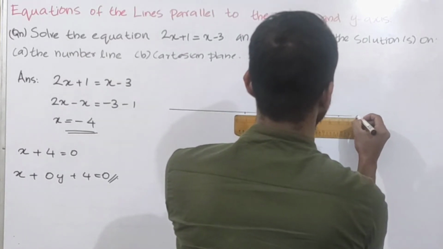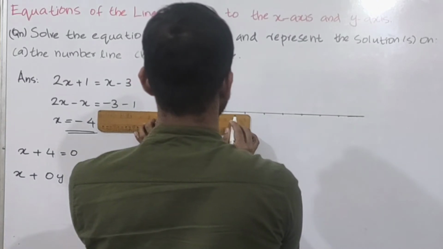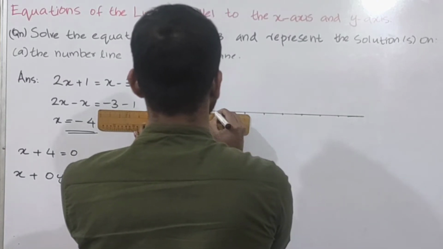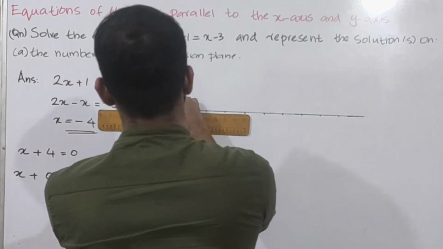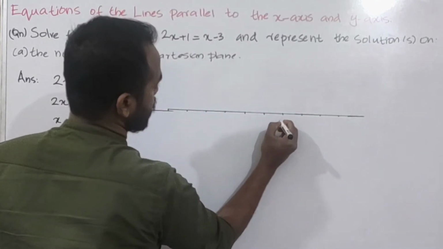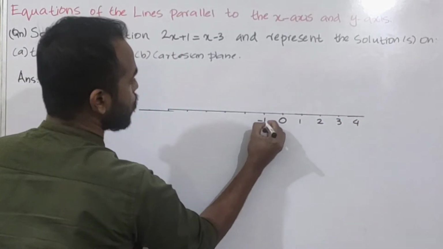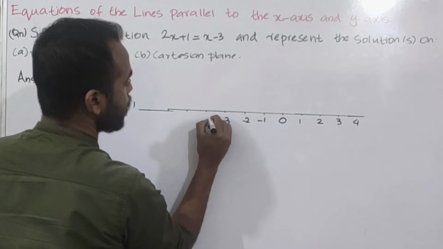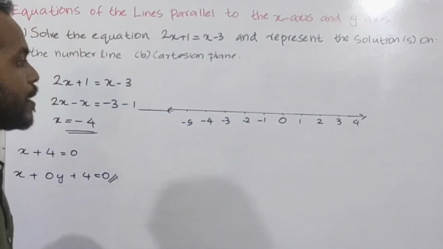Then towards here also we will mark the points. So let's mark this as 0, 1, 2, 3, 4, minus 1, minus 2, minus 3, minus 4, minus 5, etc. Now this one is a number line.